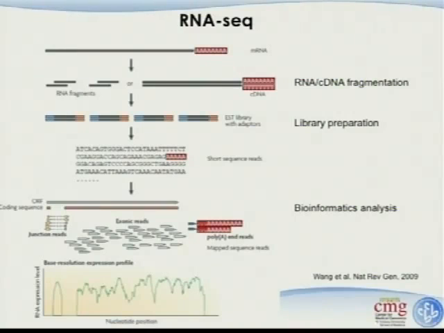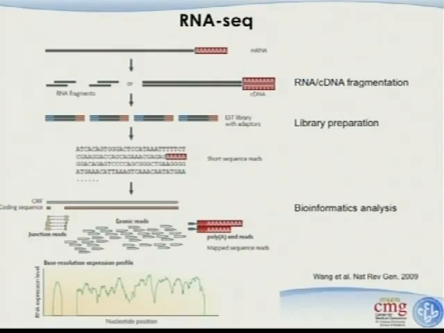First you do fragmentation, either breaking the RNA directly or breaking the cDNA, then you put linkers on those molecules and go ahead to sequence it. You can see that some of the reads have this poly A attached because they happen to be towards the end of the gene.